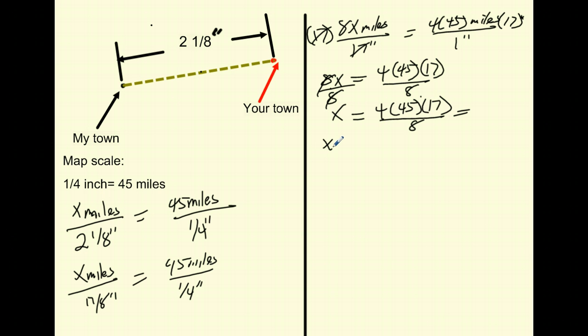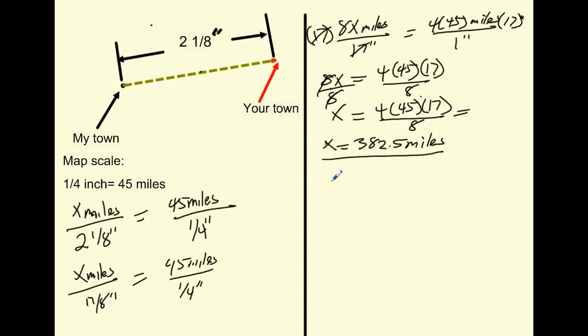So x is equal to 382.5 miles. That's what x represents on our map.